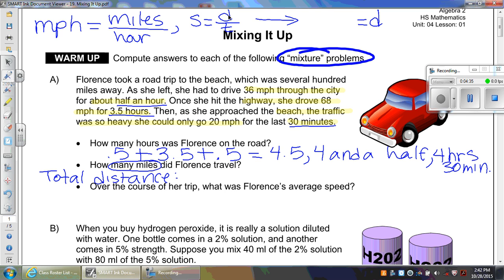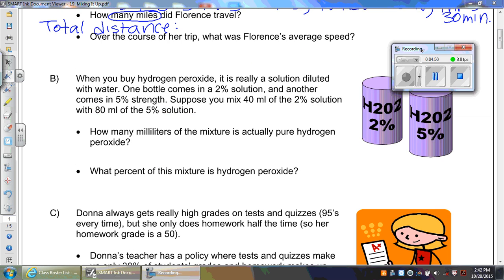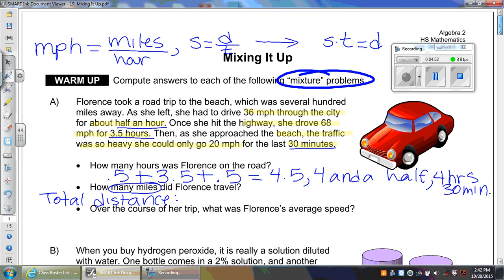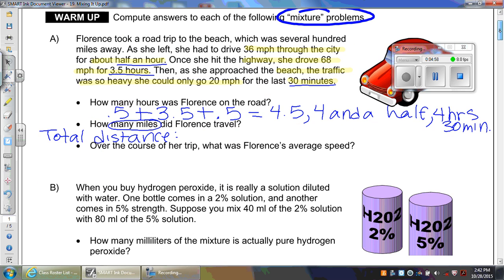Dividing, right? So if we move T to the other side, what is it going to be doing? Multiplying. So if we want to find the distance for each interval, we could multiply the speed times the time.